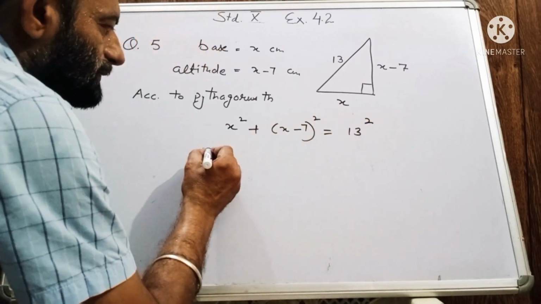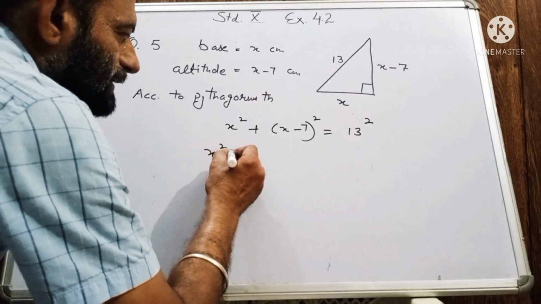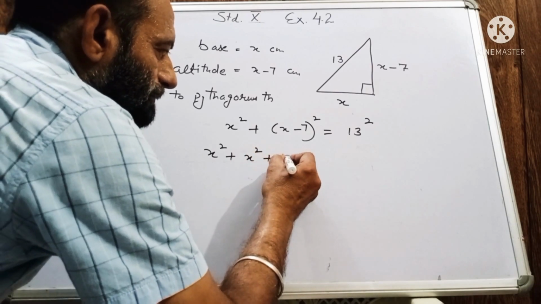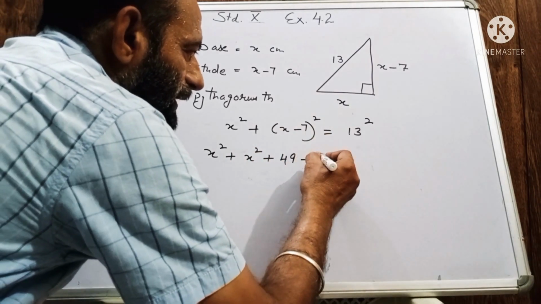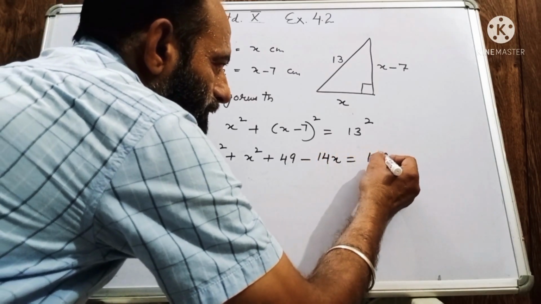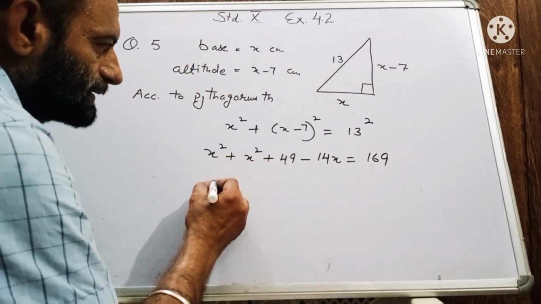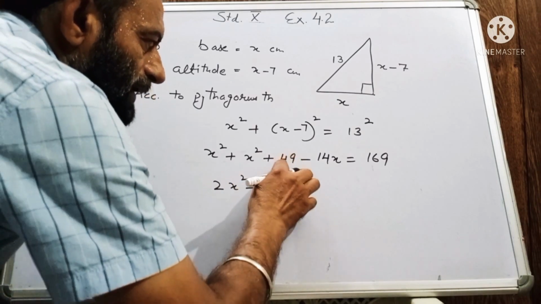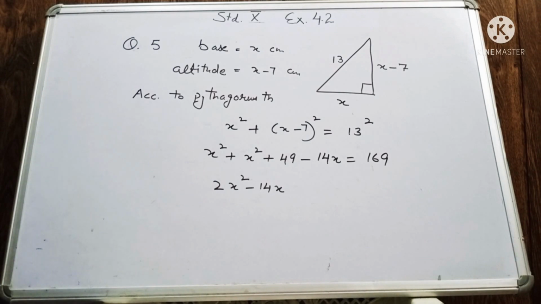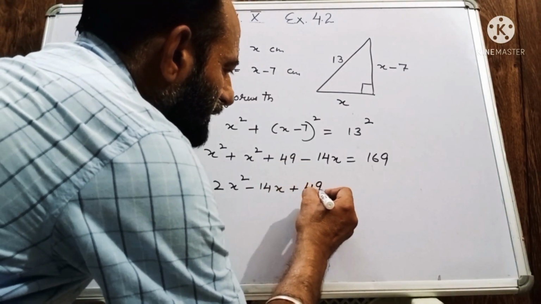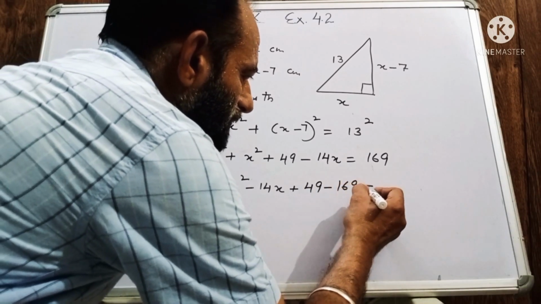Now we will simplify this equation. X square plus (x minus 7) square, a square plus b square minus 2ab, it will become minus 14x is equal to 169. Again simplifying it, x square plus x square, 2x square minus 14x plus 49 minus 169 is equal to 0.